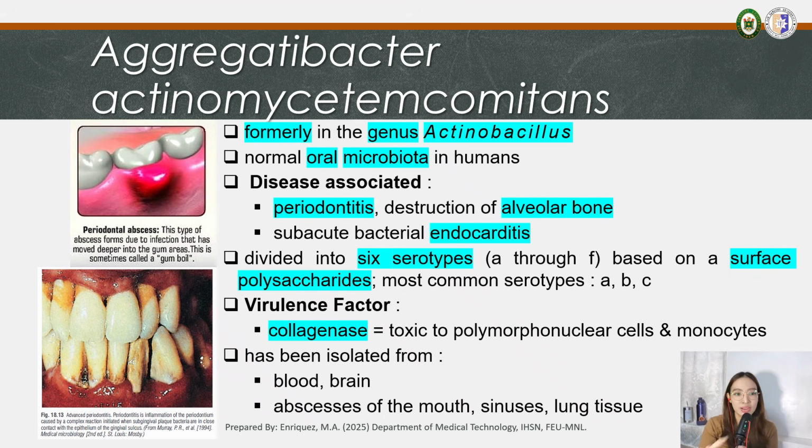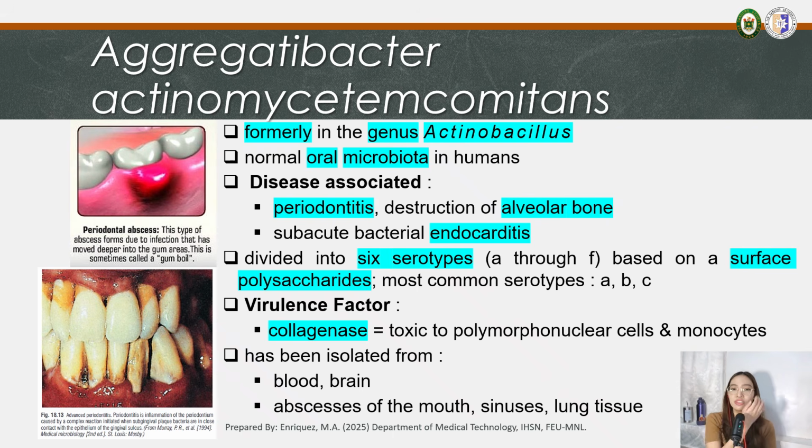So as we can see right here in this example, on figure 18.3, it shows us a photo of advanced periodontitis. So again, isa sa mga culprit nito is Aggregatibacter actinomycetemcomitans. And of course, as previously discussed, this could also cause subacute bacterial endocarditis.